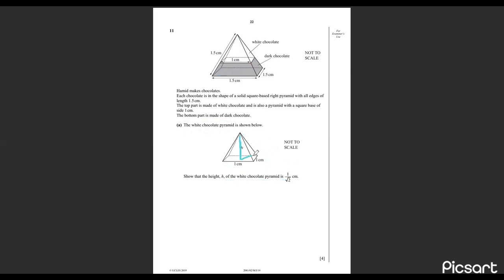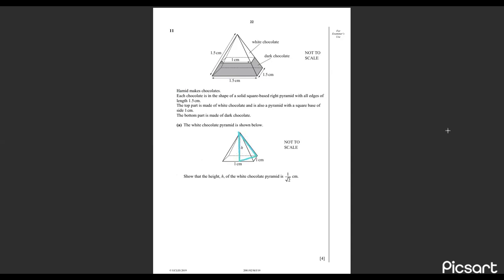And if you extend this, here you have 1 for this triangle. And if we're going to solve it by Pythagoras, let's solve it step by step to make it clear for you. So here is the height, and here is a triangle.